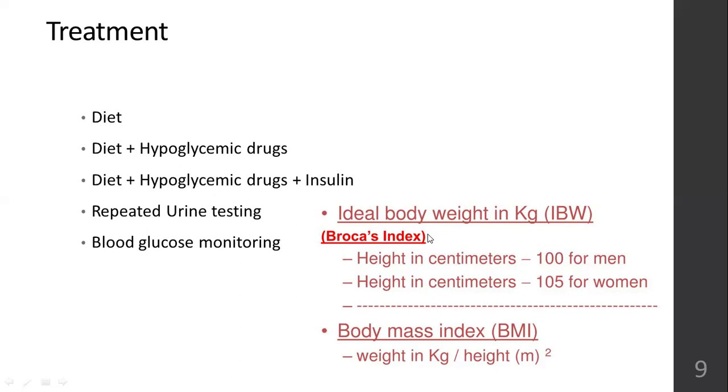But for women, you have to subtract 105. Height in centimeters minus 105. For example, a woman who is 170 centimeters in height, what should be her ideal weight?